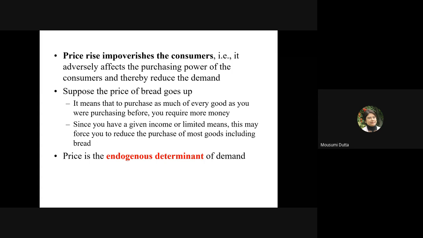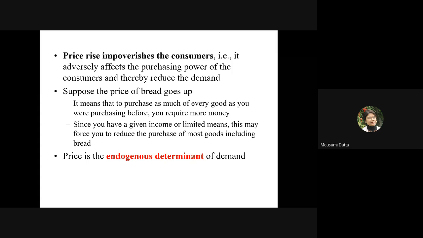Consumers' income is fixed. Now, if in a given bundle, the price of a certain commodity increases, to maintain the consumption of the rest of the commodities, naturally the individual needs to reduce the consumption of the commodity for which the price is increasing.